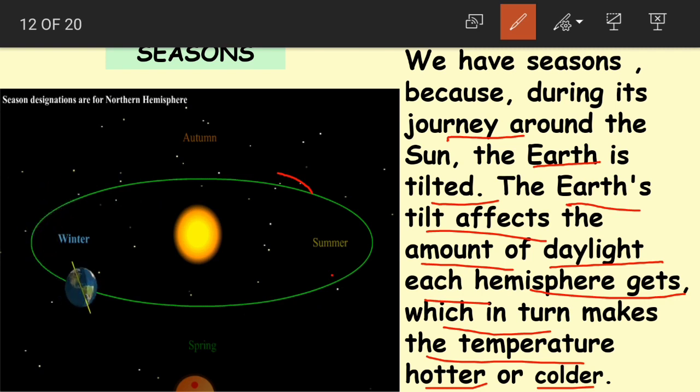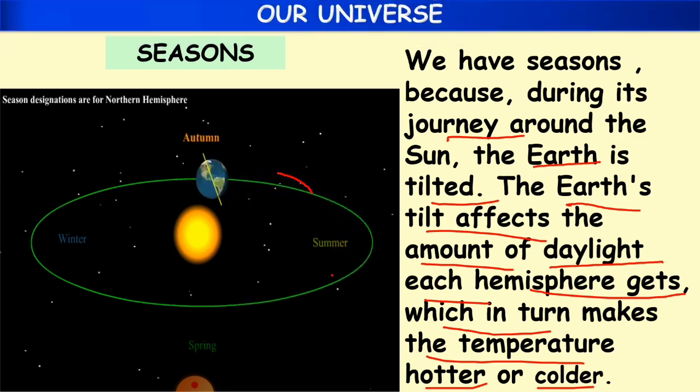If it is hot, it will be summer. If it is cold, it is winter. Along with that, you will have in-between seasons, autumn and spring, when it is not too hot and not too cold. Now, children, this movement of earth around the sun makes our seasons. It is going to decide our seasons.